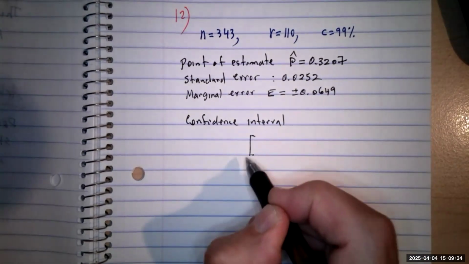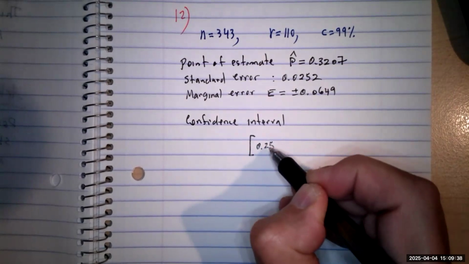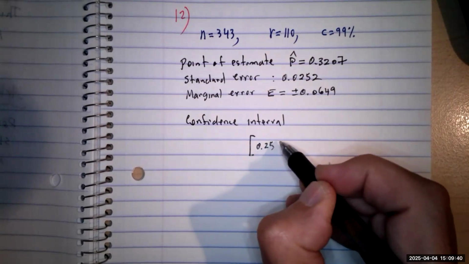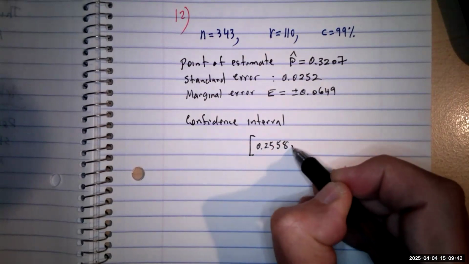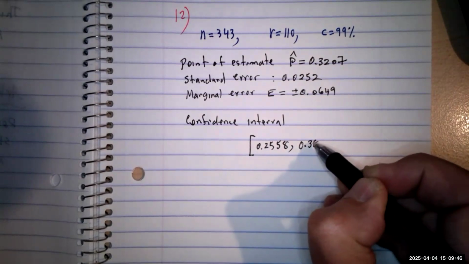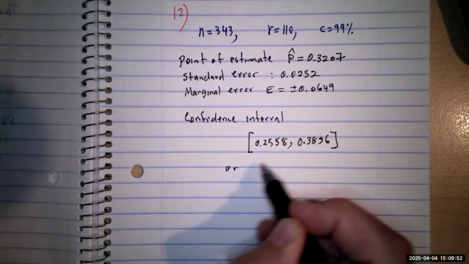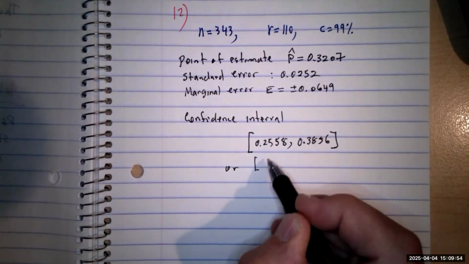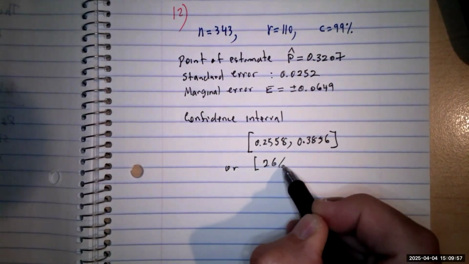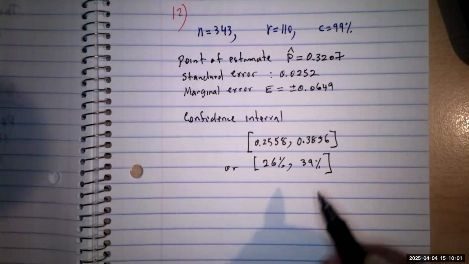The confidence interval is 0.2558, comma, 0.3856, or this would be like 26% and 39%. See it?